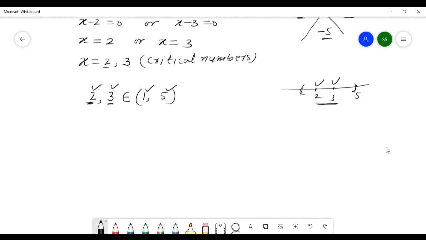You have to find f(1), f(2), f(3) and f(5). In the closed interval you always take the endpoints, and if a critical number is in the interval, take it; if not, skip it. Find all these values. Now see what the function is.